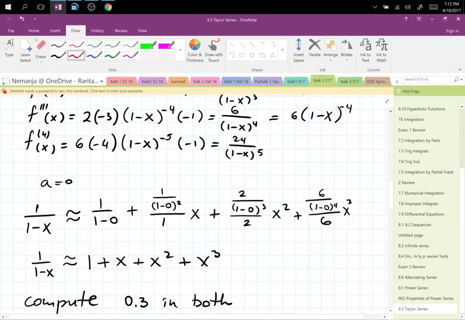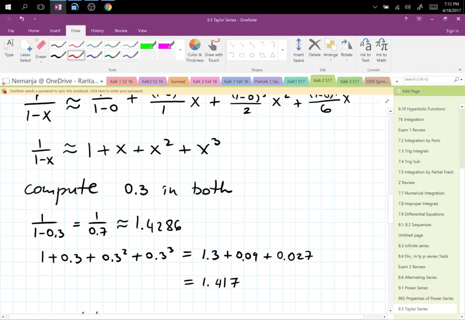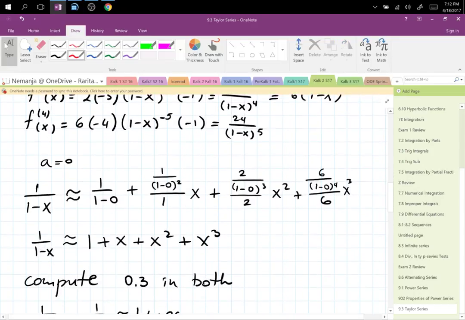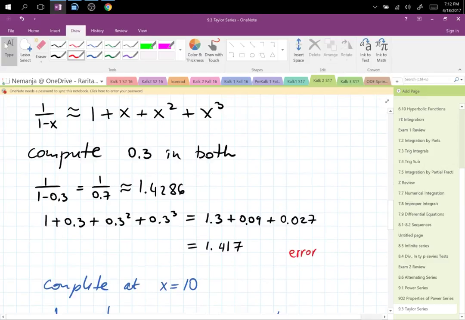So the error over here would be 24 divided by 1 minus 0.3, right, to the 5th power. Is that correct?